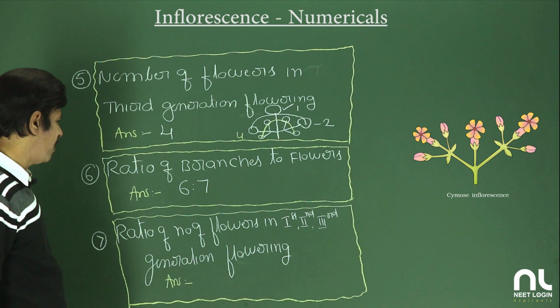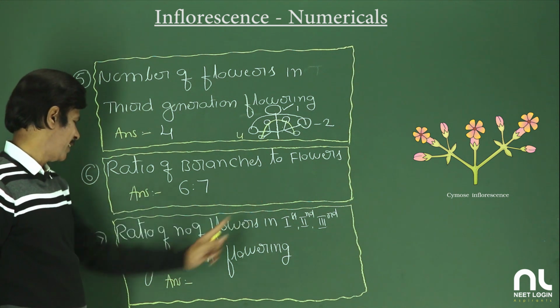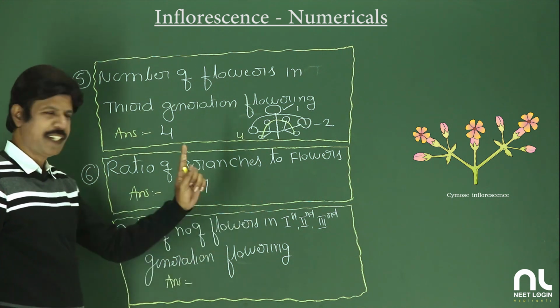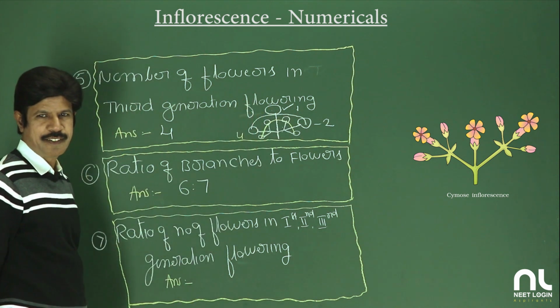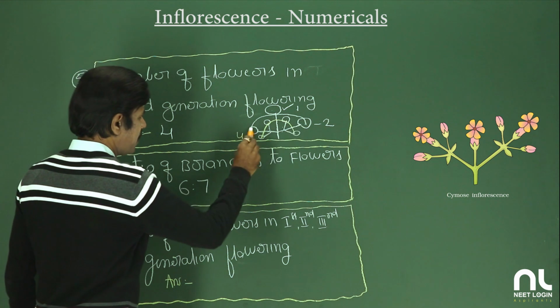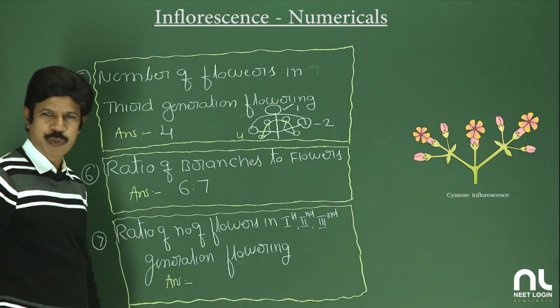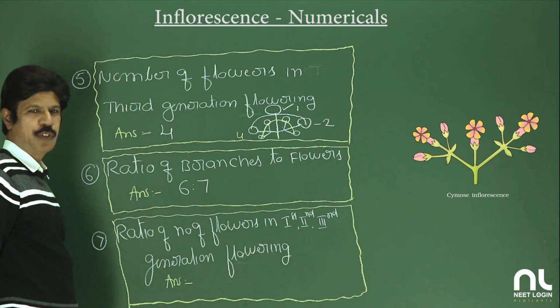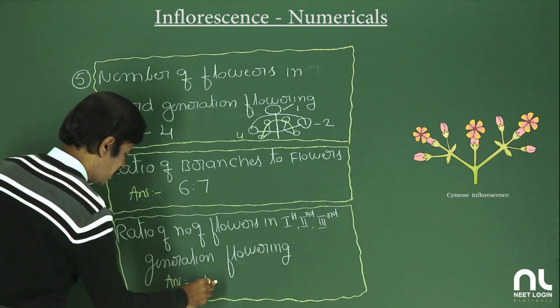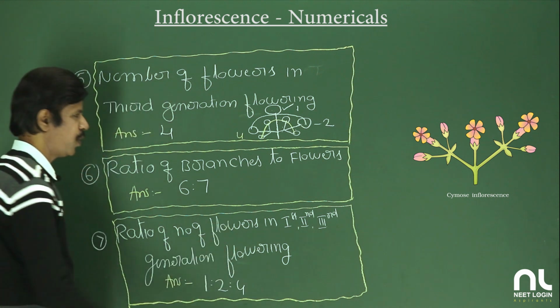Ratio of number of flowers in first, second, third generations of flowering. In first generation flowering, number of flowers 1. Second generation flowering, number of flowers 2. Third generation flowering, number of flowers, it is 4. So 1 is to 2 is to 4.